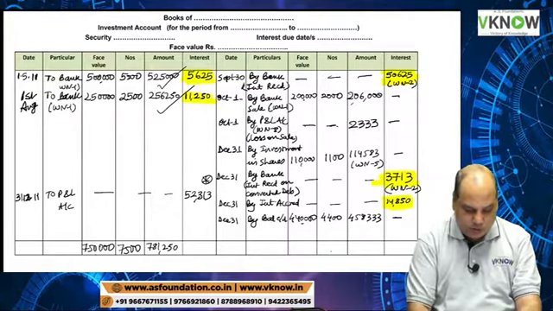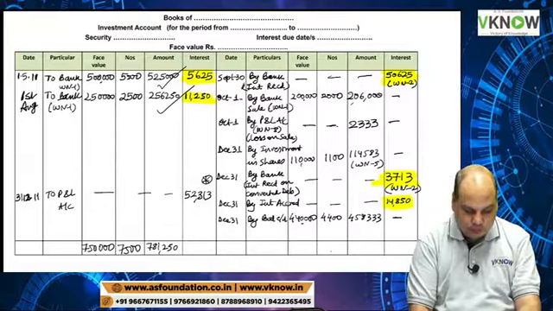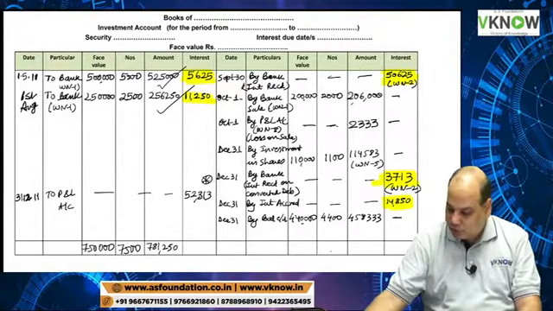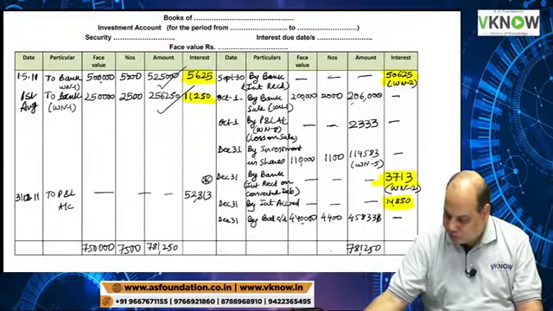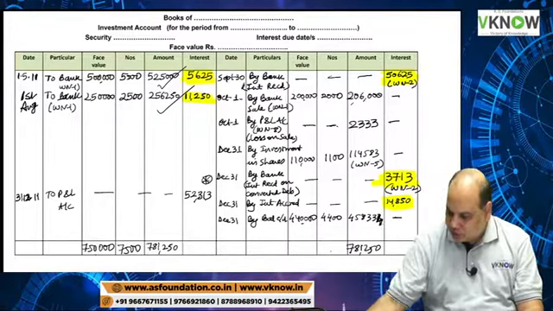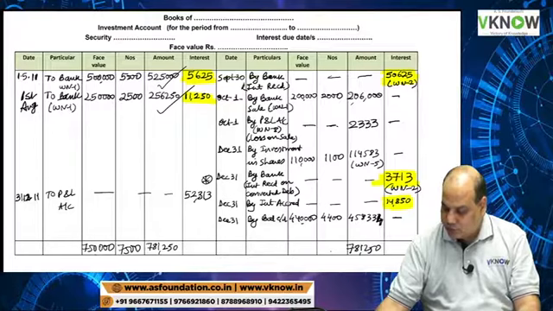There is a 1 rupee difference, so you can make closing investment 4 rupees here, then it will tally 781,250.